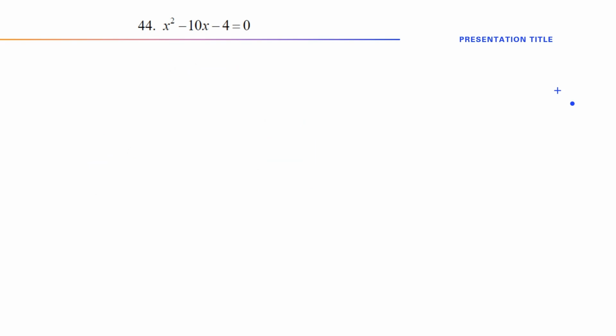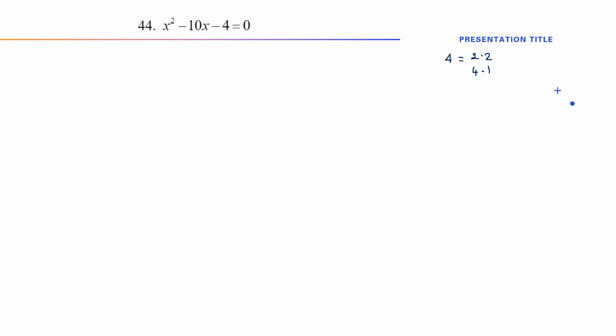Number 44. x squared minus 10x minus 4. Now we know that 4 is composed of 2 times 2 or 4 times 1, and it could not add up to 10, right?